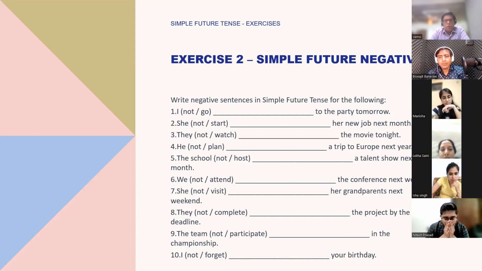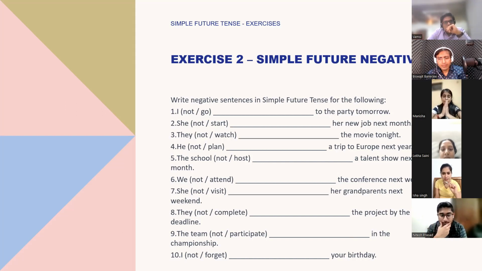The school will not host a talent show next month. Correct. Manisha, we dash the conference next week. We shall not attend the conference next week. Correct. Lekha, she dash her grandparents next weekend. She will not visit her grandparents next weekend. Correct. Isha, they dash the project by the deadline.